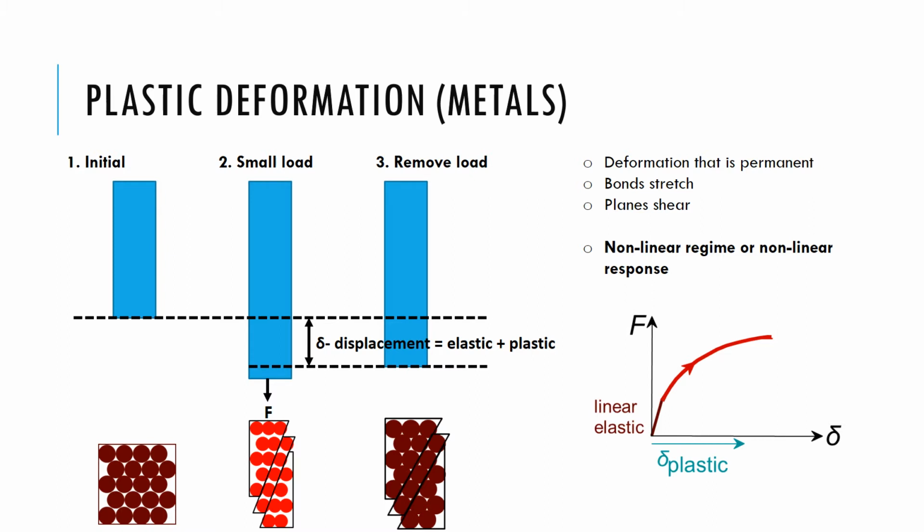And upon the removal of that load, we still have some kind of deformation, some kind of displacement. Now, there will be both an elastic and a plastic component to that. And importantly, the displacement that resides after the removal of the load is entirely plastic in nature.